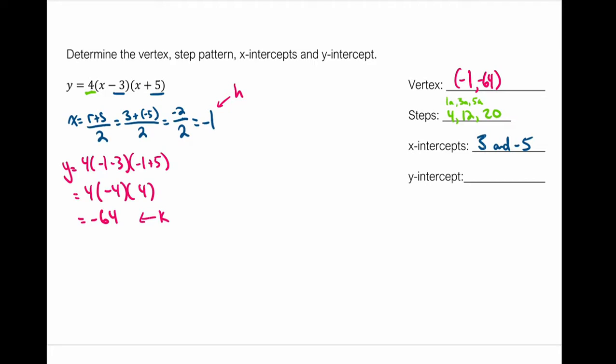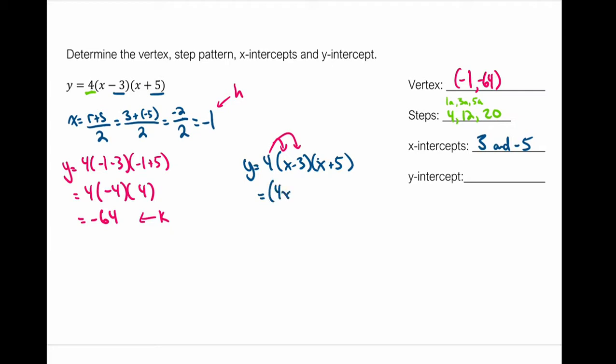If I want to find the y-intercept now, I am basically going to expand this and find the c value. So y equals 4(x minus 3)(x plus 5). I'm going to use the FOIL method here. Again, remember, first thing we have to do, because we have that 4 out front, I need to multiply that through to my first bracket only.